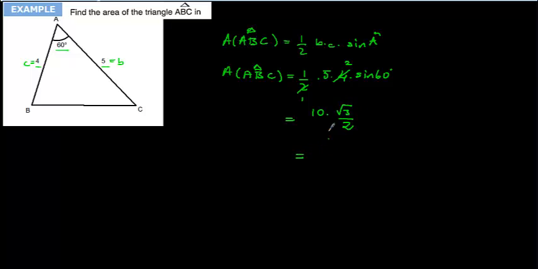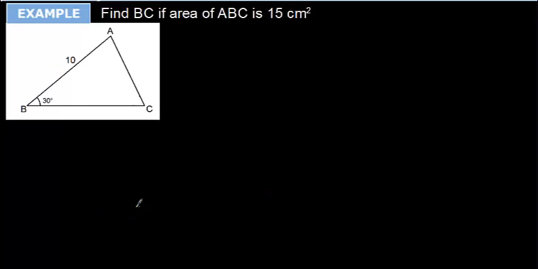So 10 and 2 if we simplify, the answer is going to be 5 root 3. So the area of ABC is equal to 5 root 3 unit square.